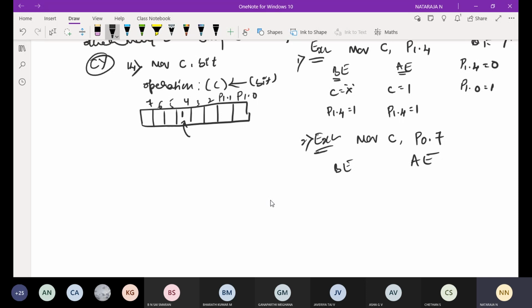Have you tried this example? Can anyone show me, please? Show me if anyone has written it. Did no one try?